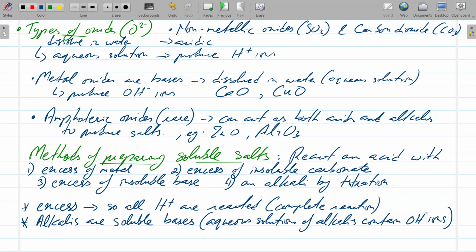All right, so these two things to keep in mind as we go on. So first up is the reaction of an acid with excess of metal.